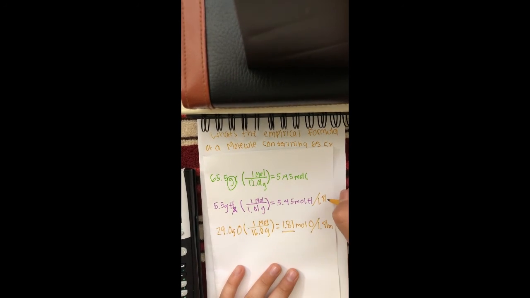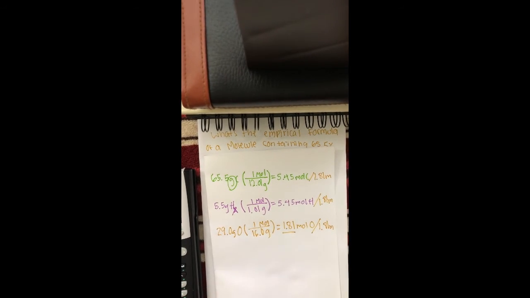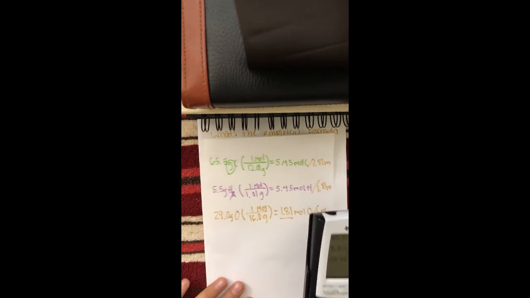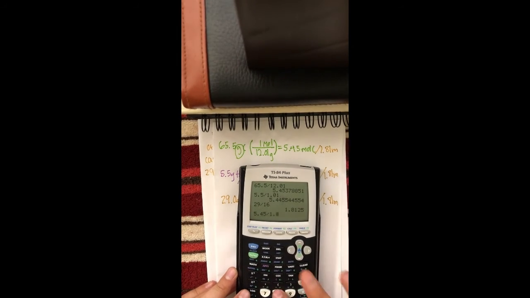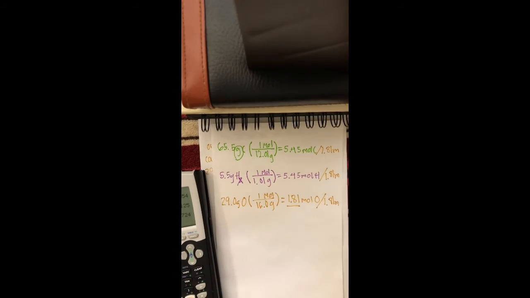If you do get confused, you have to put every single thing so you don't lose track of what you're doing. Okay, so we divide 5.45 by 1.81, and we get 3.01.